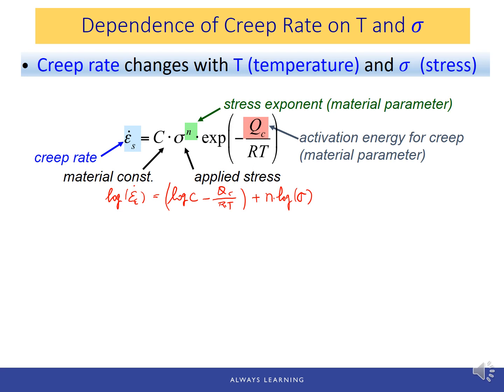Now it's clear that the creep rate in log scale and stress in log scale follow a linear relationship if we keep the temperature T at a constant value, because C, Q_c, R, and n are all constants. So we can choose different temperature values, keep each at a constant, and plot the corresponding log creep rate versus log stress.